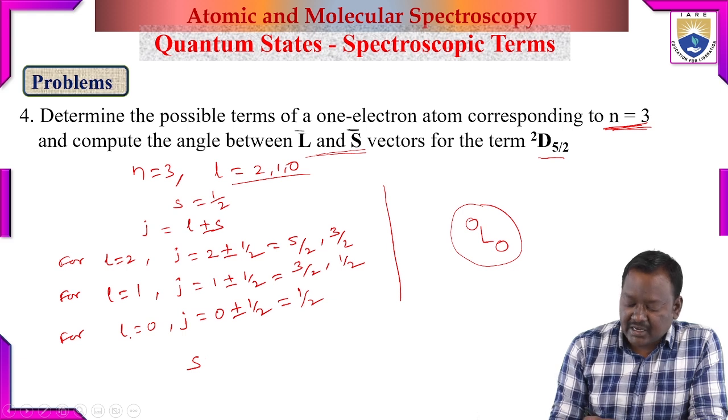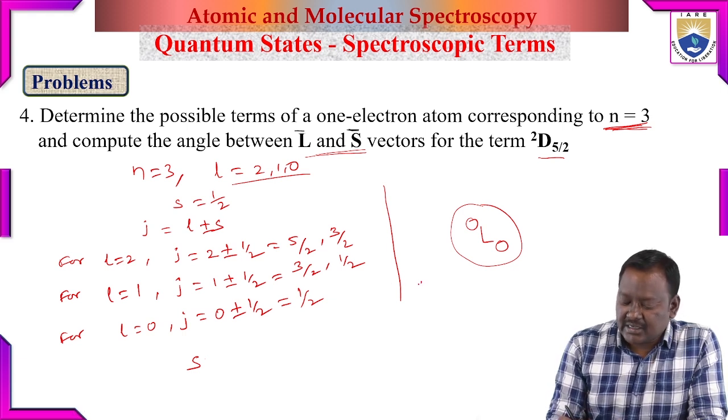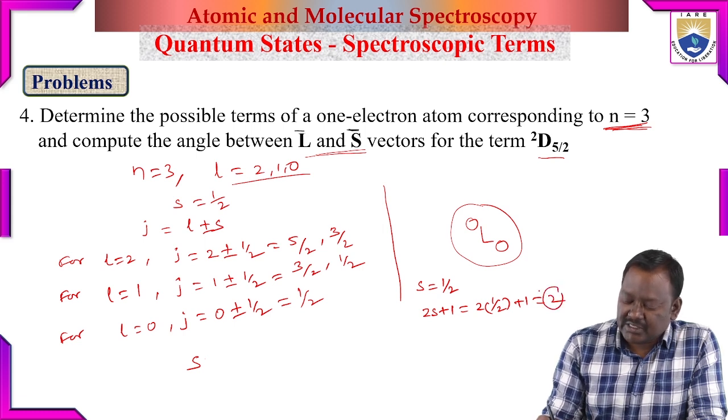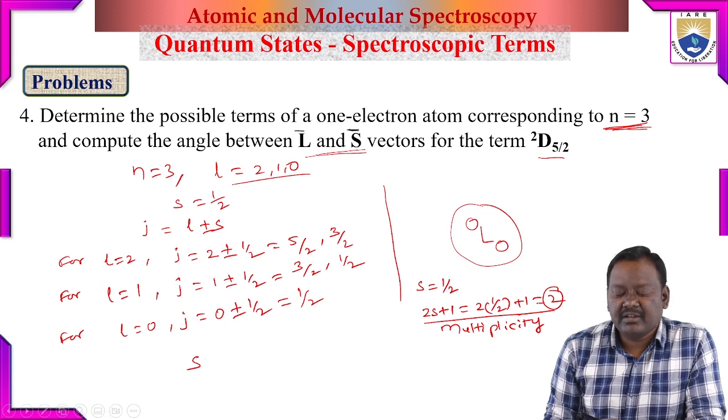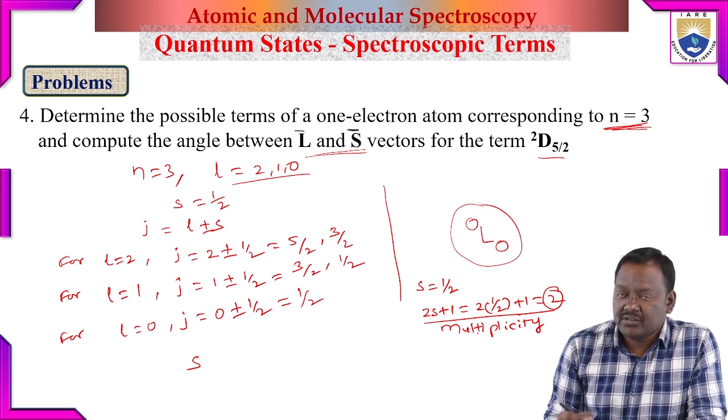and multiplicity, here we need to calculate multiplicity also. As S is equal to 1 by 2, we can have multiplicity 2S plus 1, that is 2 into 1 by 2 plus 1, that means 1 plus 1, 2. So the multiplicity is 2. So the multiplicity for this case is 2.